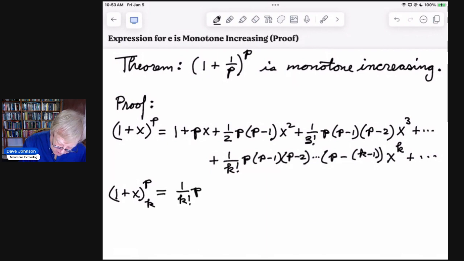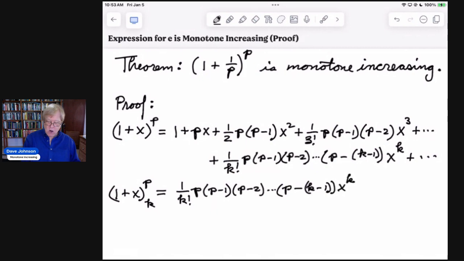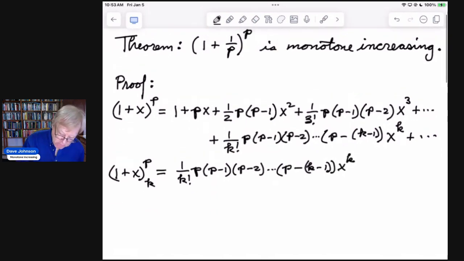And then the rest of this, p times p minus 1 times p minus 2, dot, dot, dot, times p minus k minus 1, and then times x to the k. So that is the kth term of our expansion.